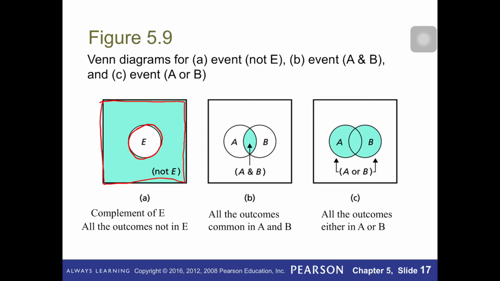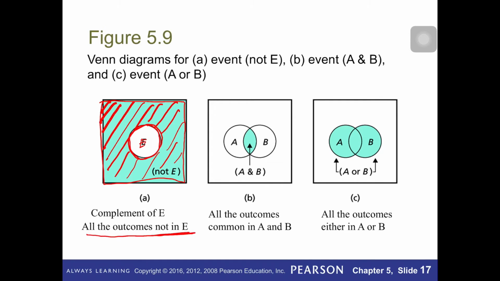Inside the sample space I have my event E. I need to mention not E. Not E means everything in the sample space without E. That's how we colored them. You can just draw lines to color, no problem. You don't need to color like this. Not E means the complement of E, all the outcomes but not E.